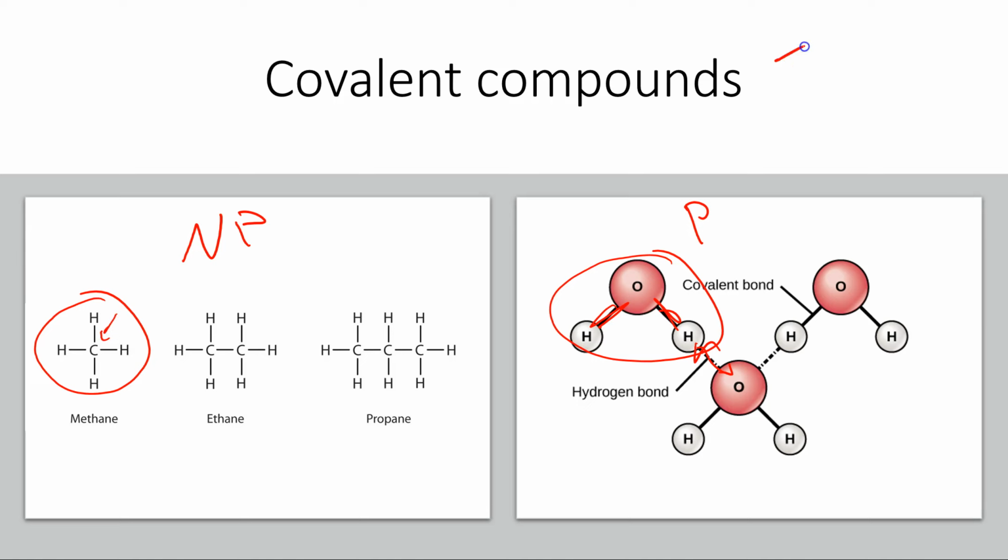So we have intramolecular, which is the bonds, and we have the intermolecular forces, which is the attraction between the molecules, not the attraction created by the bonds within the molecule. Okay, now that's all review.